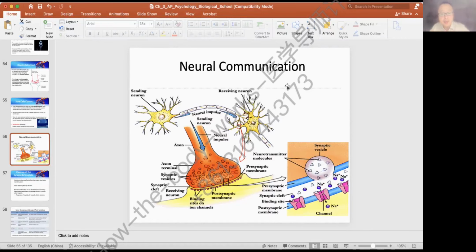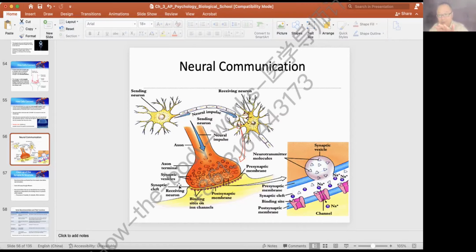And second, we talked about how the nerve signal can be transmitted from one nerve cell to another. I think the slides we're sharing are very important.